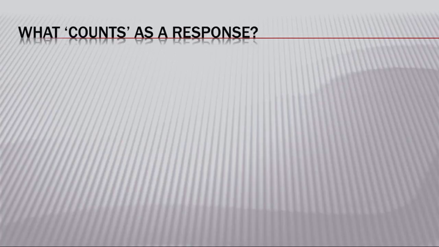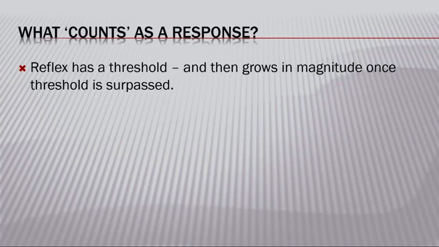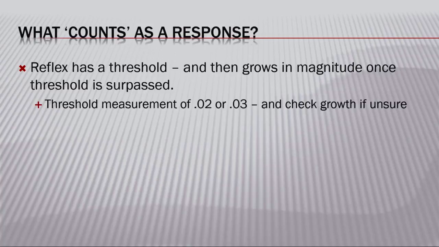So the next question is, what's a response? What counts as a response? So a reflex has a threshold, and then once the threshold is surpassed, the reflex grows. A threshold measurement of 0.02 or 0.03 counts as a present reflex, and you should check for growth if you're unsure.